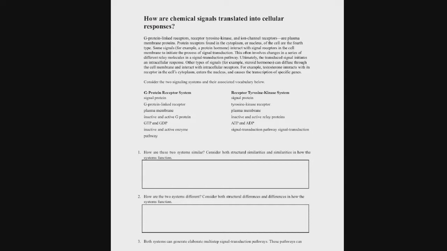For the G protein and receptor tyrosine kinase systems, the first question asks how these two are similar. We are to consider the structural similarities as well as how they function. So in both systems, they are bound to the cell membrane, and the binding of a signal activates them.